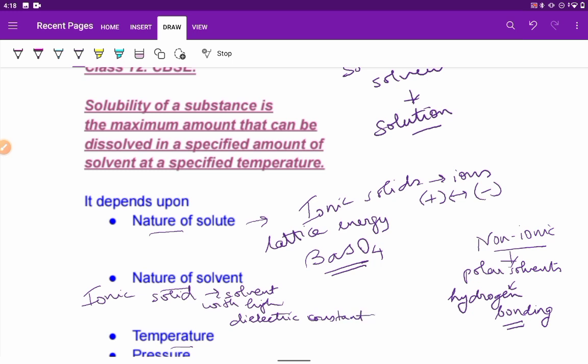Okay. Ionic solids dissolve to a larger extent in a solvent having a high dielectric constant.